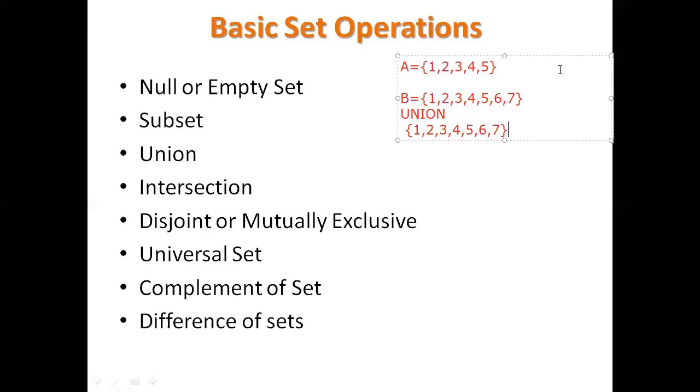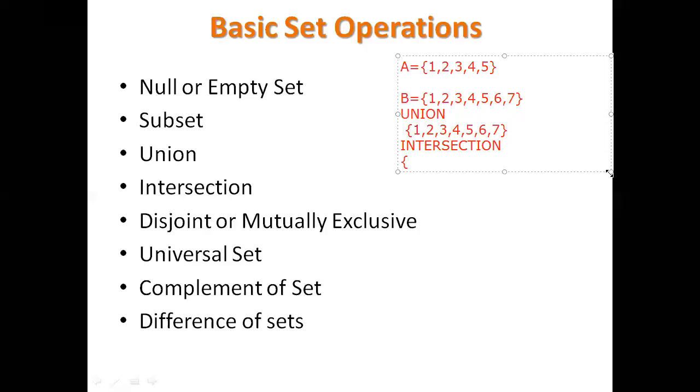Okay, the next set operation is intersection. What is meant by intersection? If we take the common elements in the two sets, that is called intersection. So the intersection operation has the result of the common elements, meaning 1, 2, 3, 4, 5.